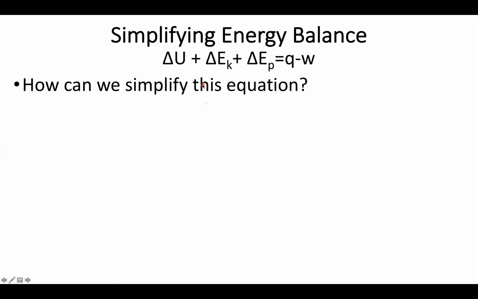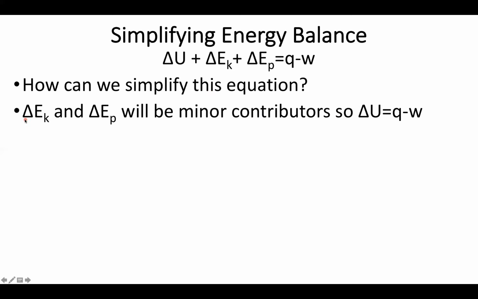However, we've got 5 terms, and we might want to simplify this. In general, we're going to find that changes in the kinetic energy might be a minor contributor, and changes in potential energy typically end up being very minor. So if we make these approximations, then I get the change in internal energy is equal to work minus heat.